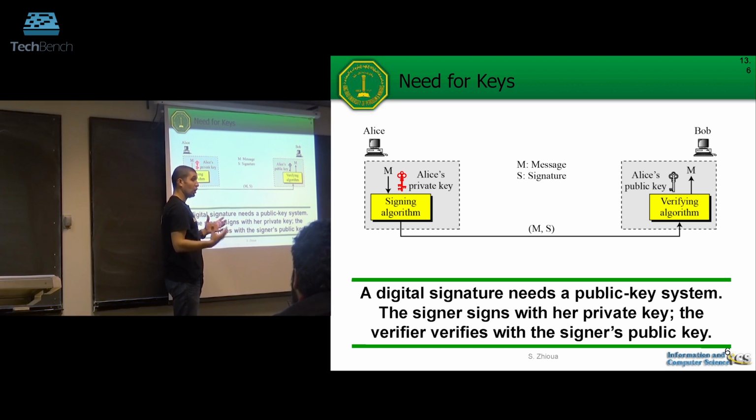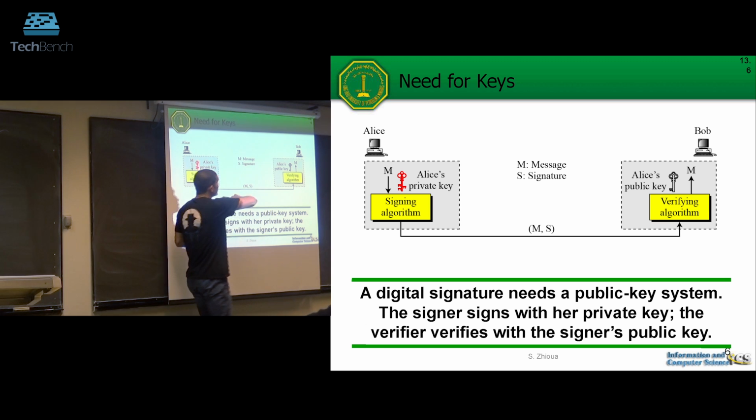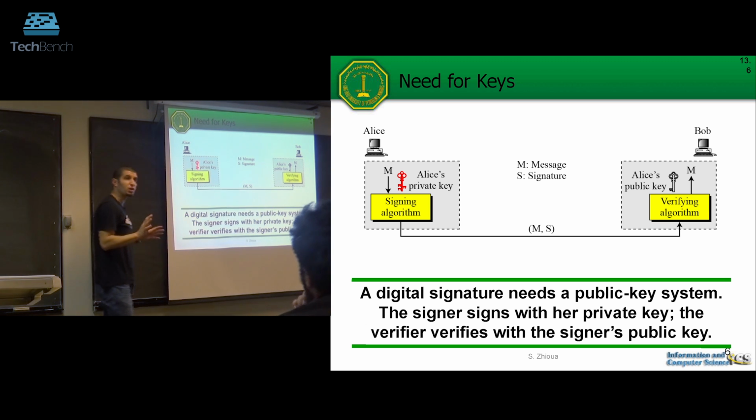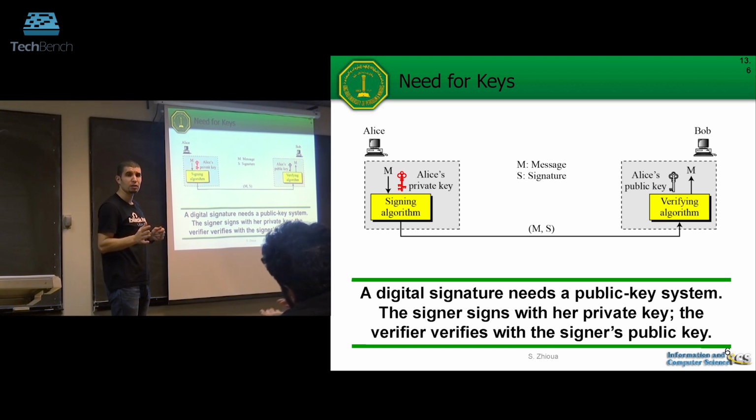And if he does that, basically he is sure that only Alice could have sent that, because only Alice had the private key, which is mapped to the public key, okay? Is it clear here?